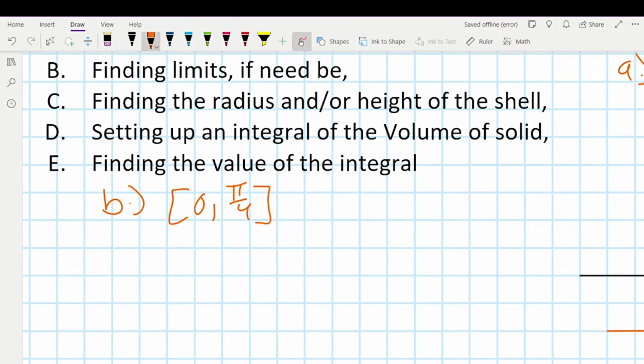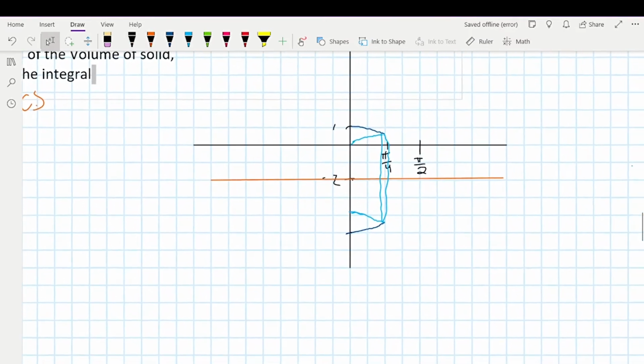Let me rewrite this in black just for consistency. And for part C, to find the size of the radius, we can say that we know that there is a space.